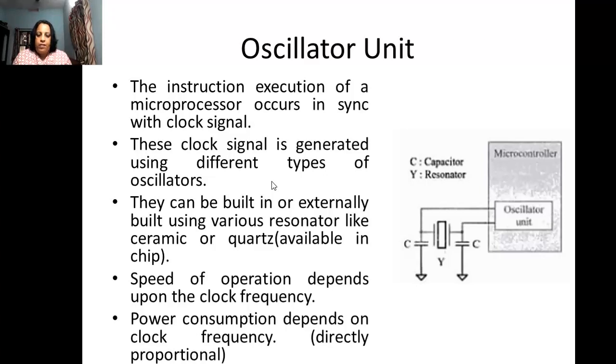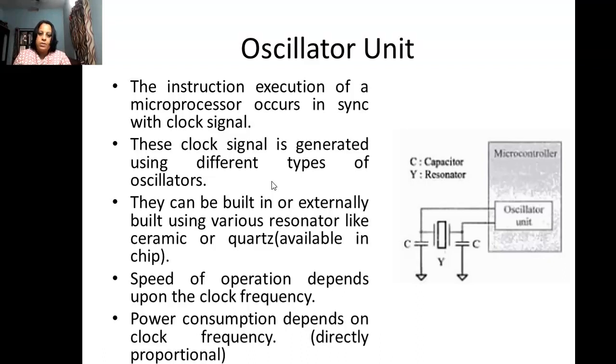That is the reason why we have to keep the clock frequency at a certain level. Another reason why the clock frequency is not increased is that the higher the clock frequency of an oscillator, the more power is consumed. So power consumption directly depends on the clock frequency. So we have a limitation on the clock frequency that can be generated using an oscillator unit. So this is all about the oscillator unit.